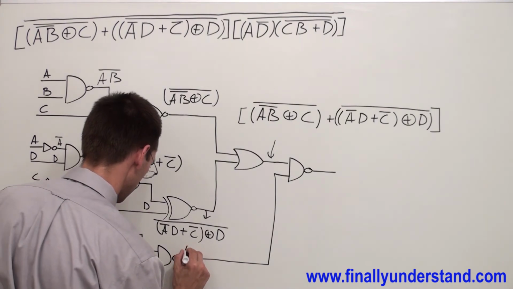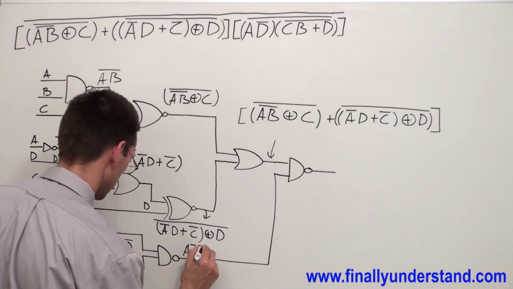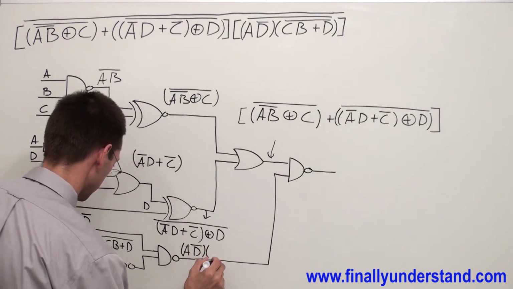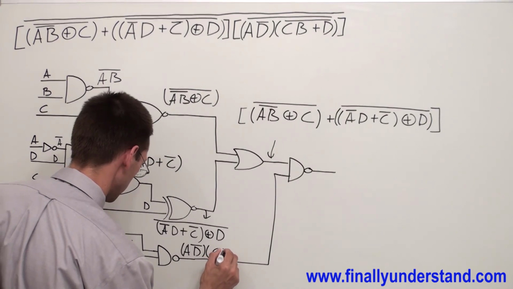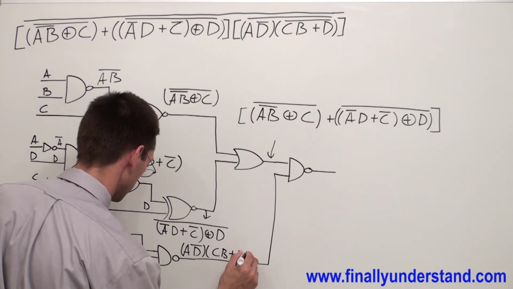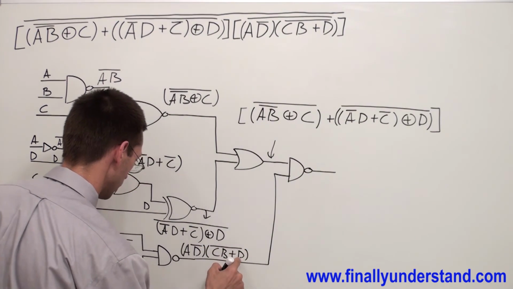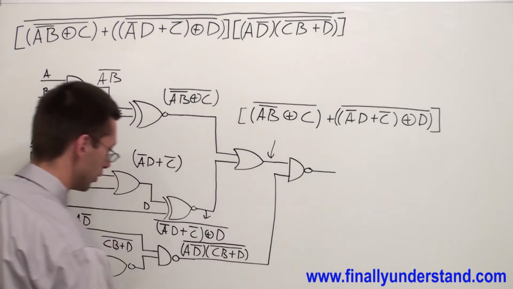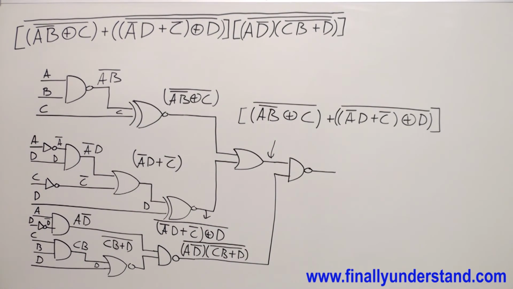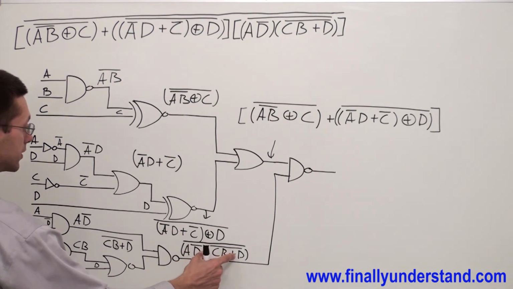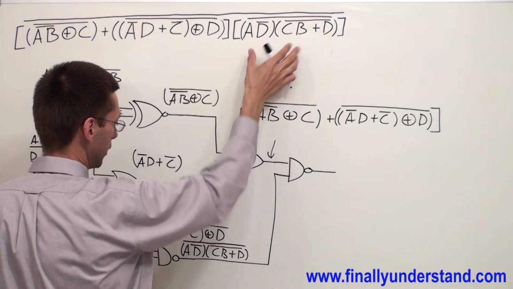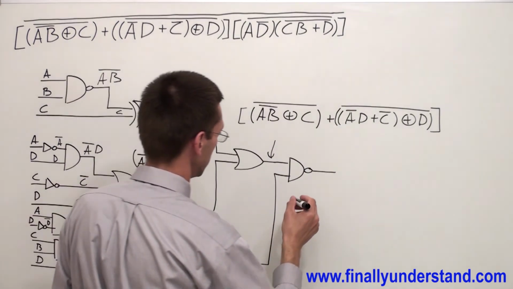That's why I'm going to have over here A, D naught, inside of the parenthesis, and NAND with C, B, or NOR with D, and has to be NANDed. That's why I'm going to have NAND over here. Now, as you can see, whatever we have over here is exactly the same thing which we have over here.